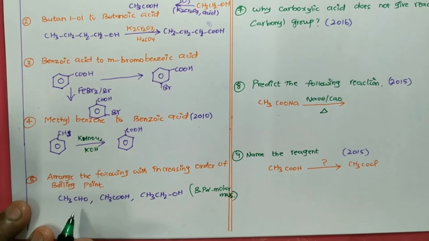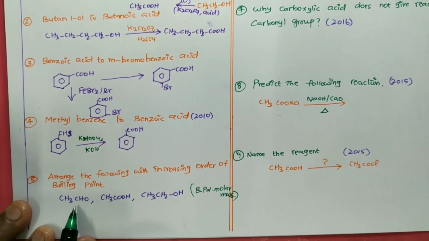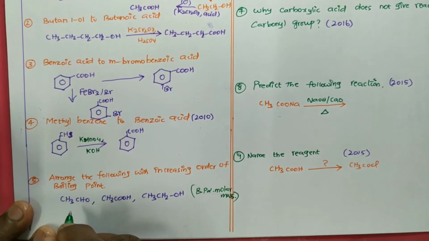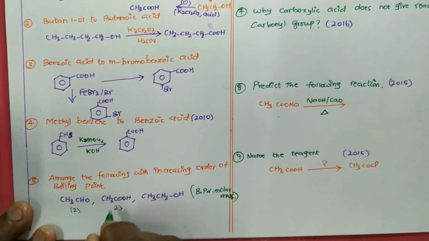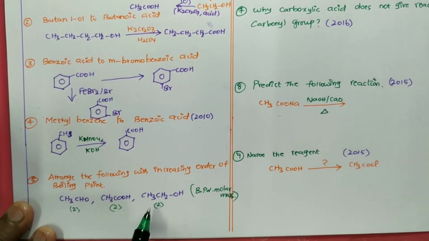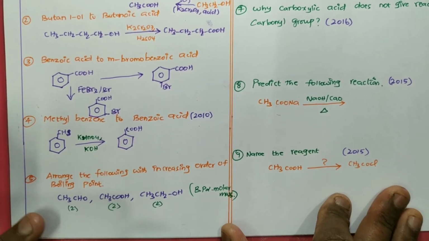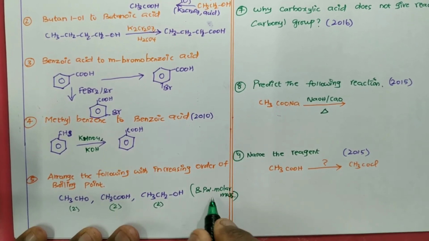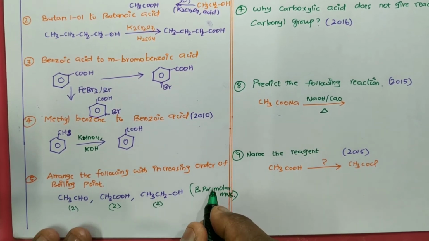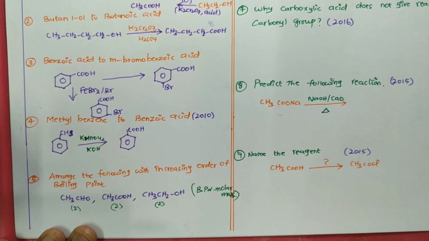Here they are giving the same number of carbon atoms: 2 carbon containing aldehyde, 2 carbon containing acid and 2 carbon containing alcohol. In which will the boiling point be higher? As per the molar mass concept, the boiling point will be very high for some compounds.